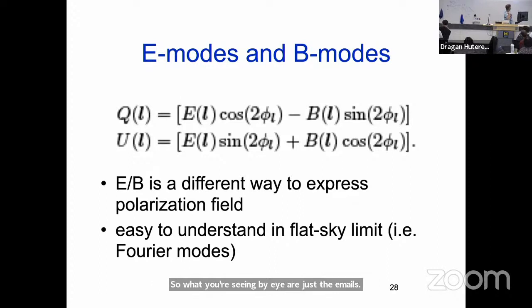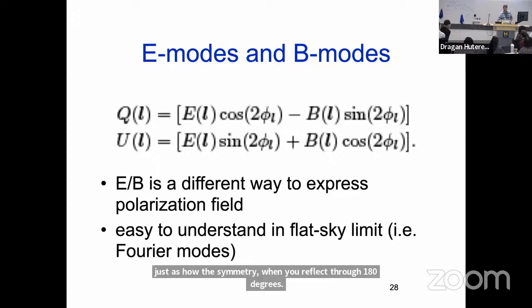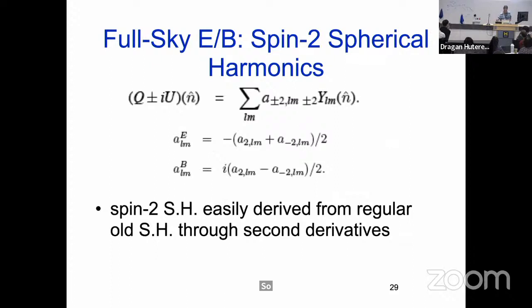So the final way you could think about the E modes and the B modes is just as the symmetry when you reflect through 180 degrees. But that's in flat sky. Now, if you really want to do it right, we don't live in a universe where the sky is infinite and periodic. Instead, we live on a sphere.